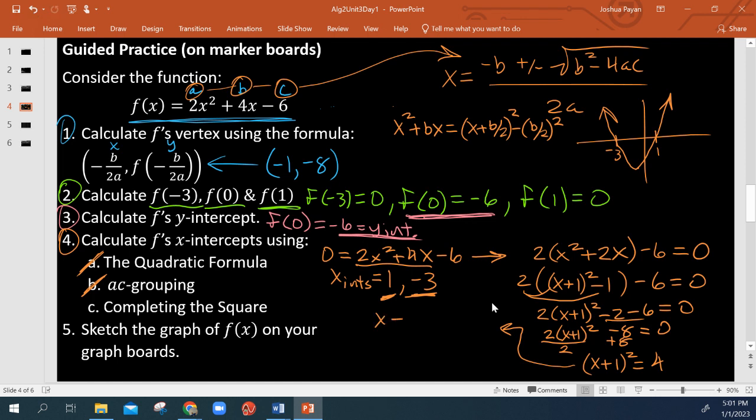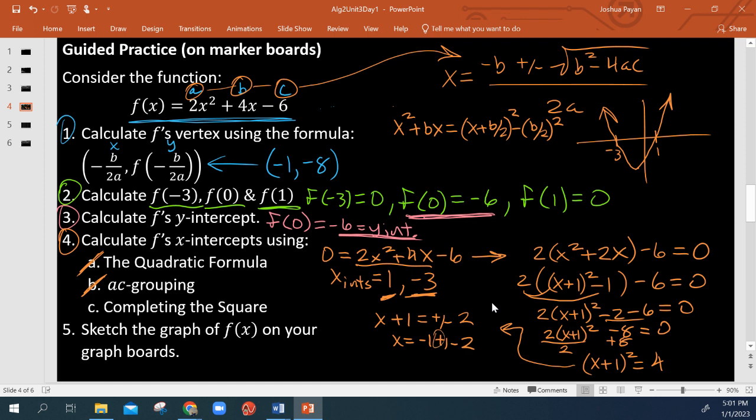So that gives us x plus 1 is equal to, and anytime you take a square root, you have a positive and a negative solution. So the square root of 4 is 2, so plus or minus 2. And then our two solutions give us negative 1 plus or minus 2.